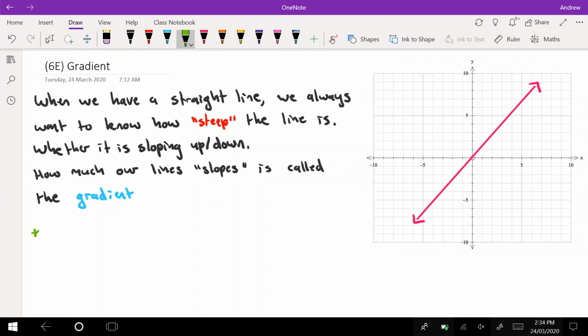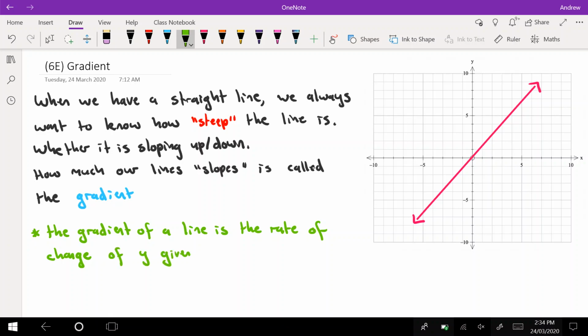The definition of gradient: the gradient of a line is the rate of change of y given x.